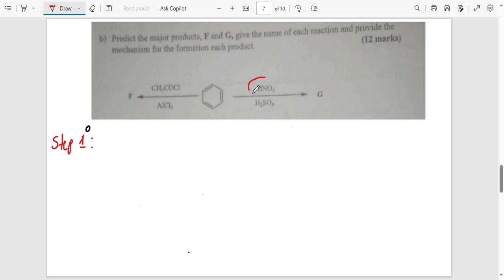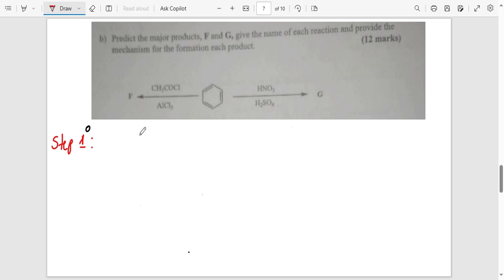So always the thing that is on top is actually what will be added to our compound. But we are not adding the nitric acid. From here we just remove the nitrogen dioxide. So first thing first, remember for all these steps, your reactant has to react first.